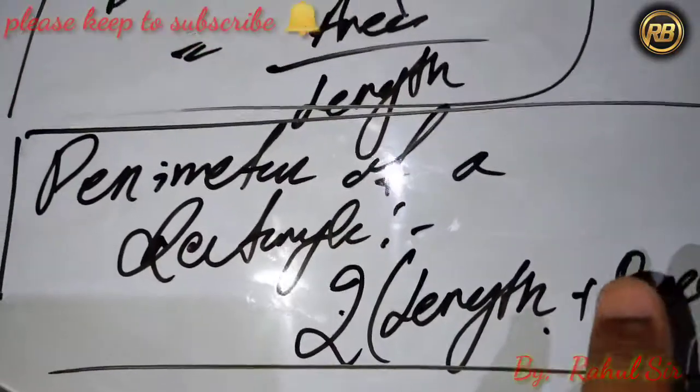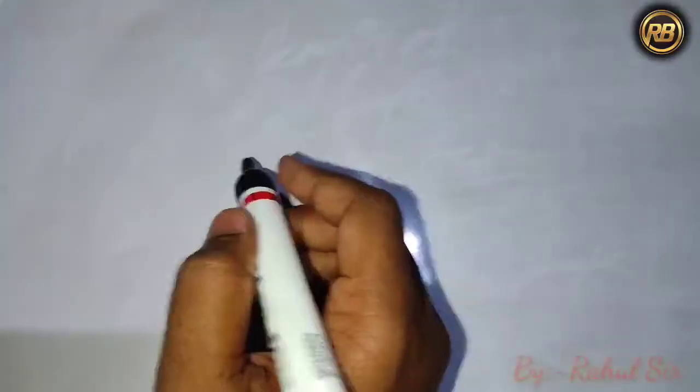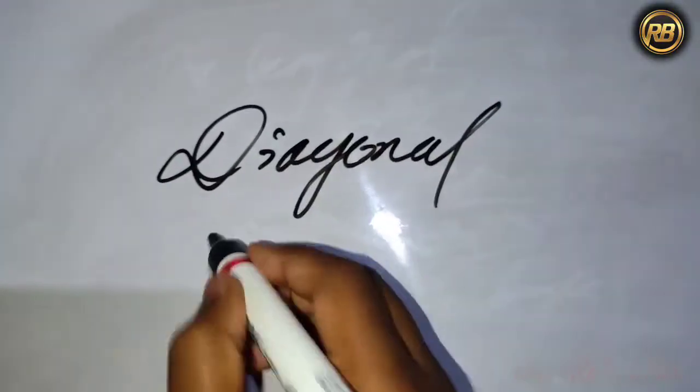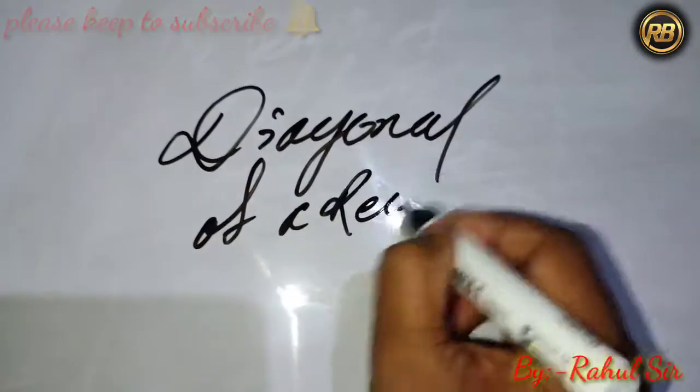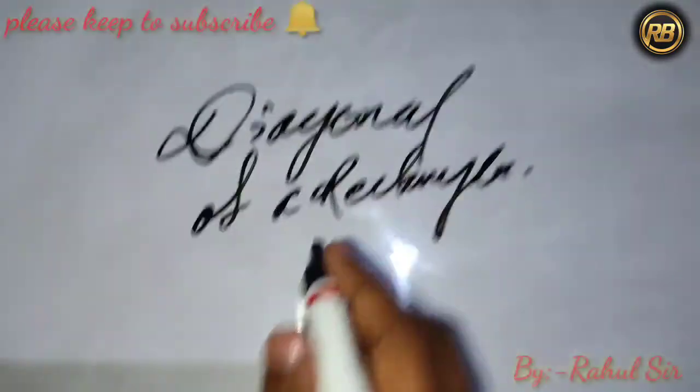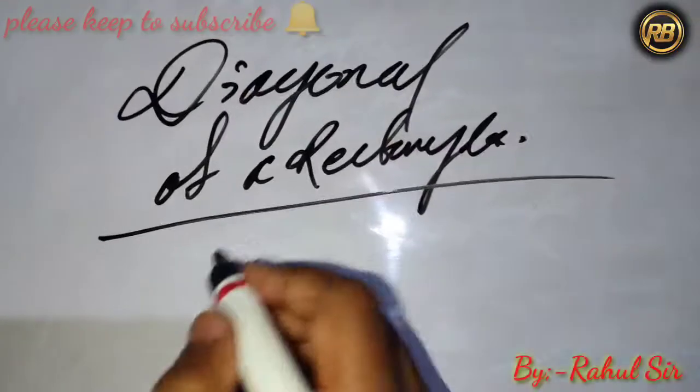Now we can find the diagonal of a rectangle. What is the diagonal of a rectangle?